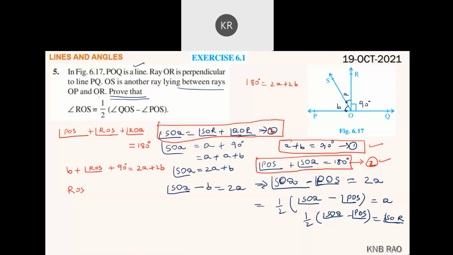Then angle ROS is 2A plus B. When B goes that side, it becomes 2B minus B, it becomes B. Now angle ROS is 2A plus B minus 90.